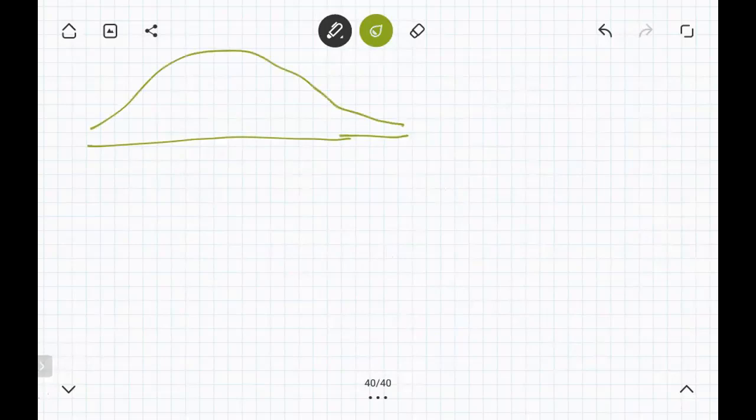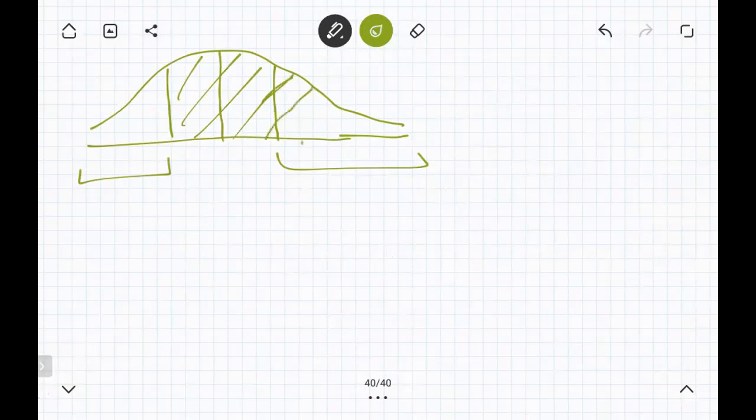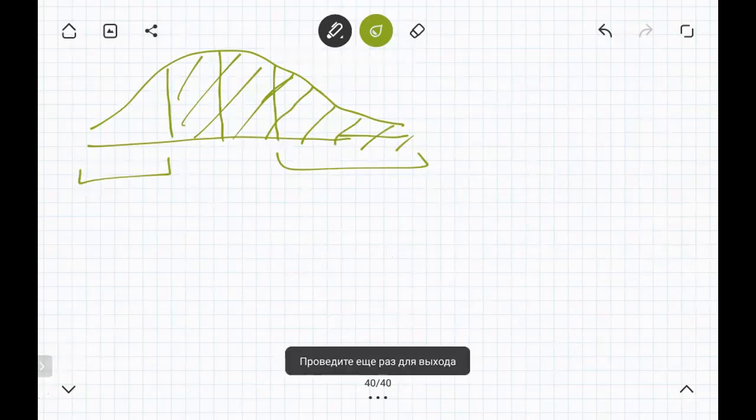But when you are building a confidence interval, you have two boundaries, upper and lower. So in some sense, you have two rejection zones. Now, here in our example, it's not like that. We have only one boundary, only one rejection zone. And in that case, our critical value should be different.